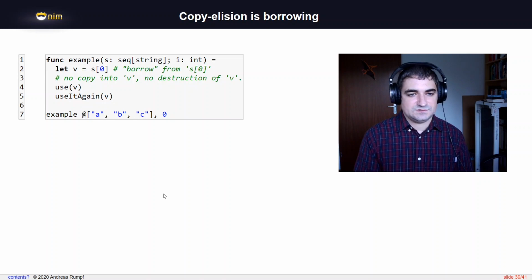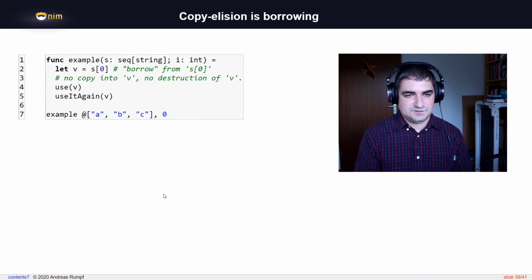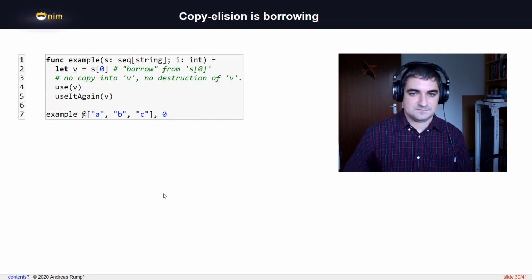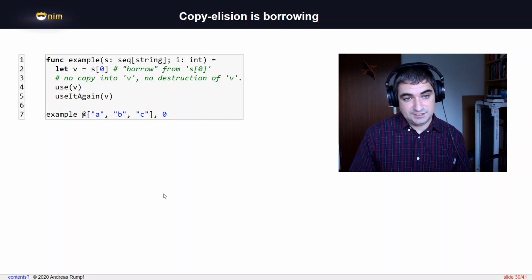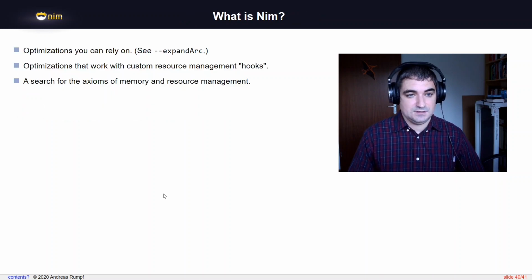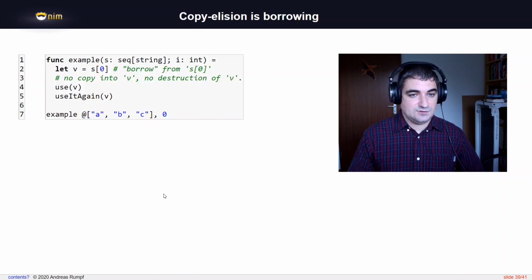So I use this v, and then I use it again. It's a sequence of strings, it's a string. This should be an expensive copy, right? Well, no, because s is an immutable parameter, so we know it's not changing, and we know that v is not changing because it's a local variable that we can reason about. So again, there is no copy here.